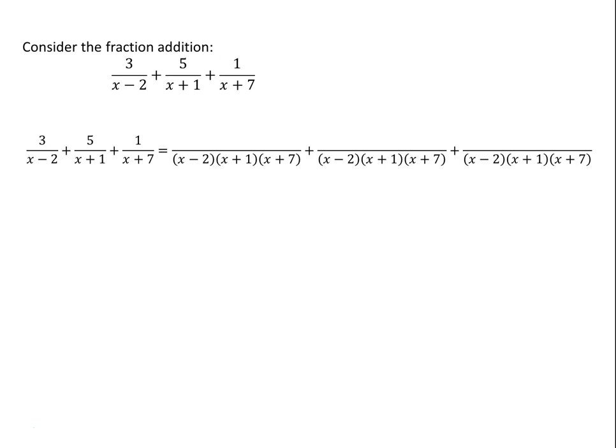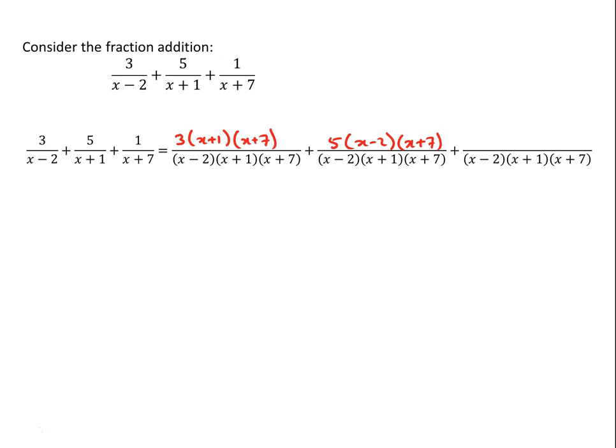Now, 3 over x minus 2 is the same thing as 3 times by x plus 1, x plus 7 over the common denominator. Similarly, 5 over x plus 1 is the same thing as 5 times by x minus 2 times by x plus 7, all over the common denominator.